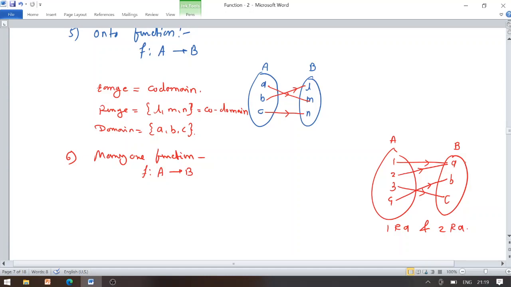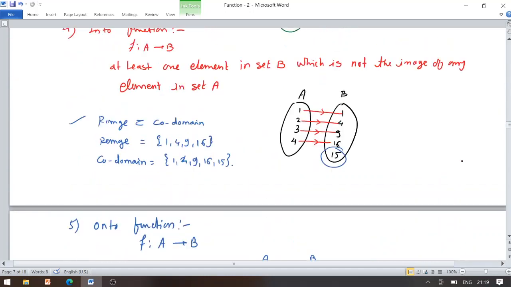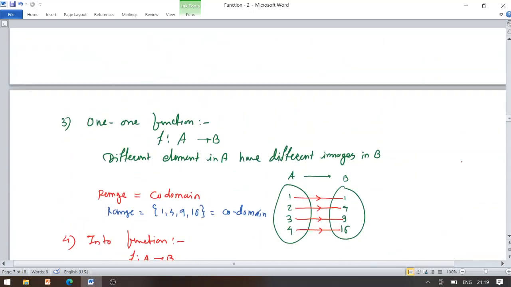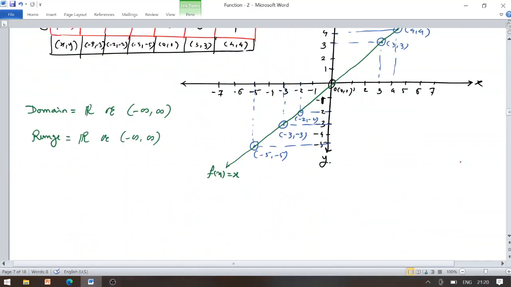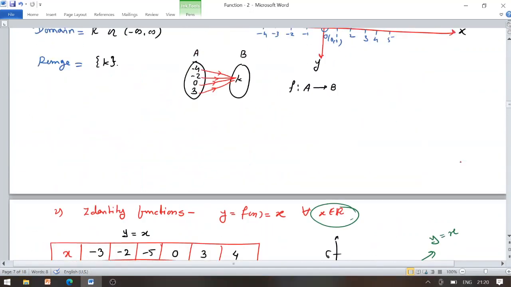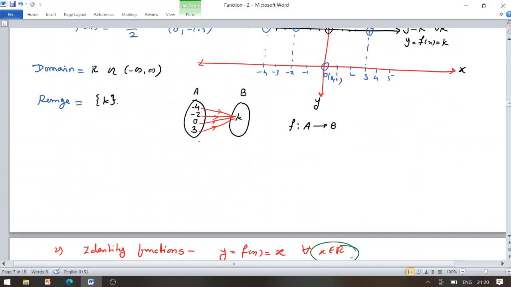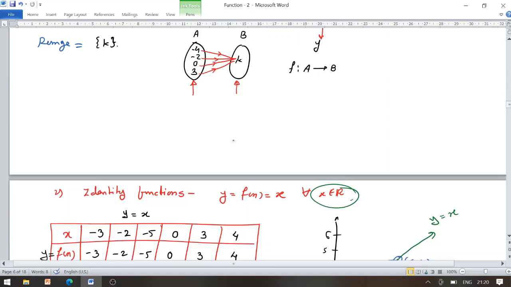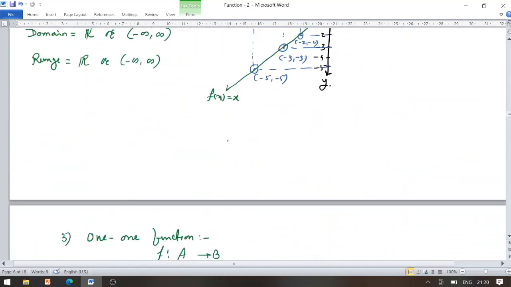One of the best examples of a many-one function is the constant function. Look, two or more, or you might say many, elements from set A have the same image in set B. So the constant function is again a many-one function.